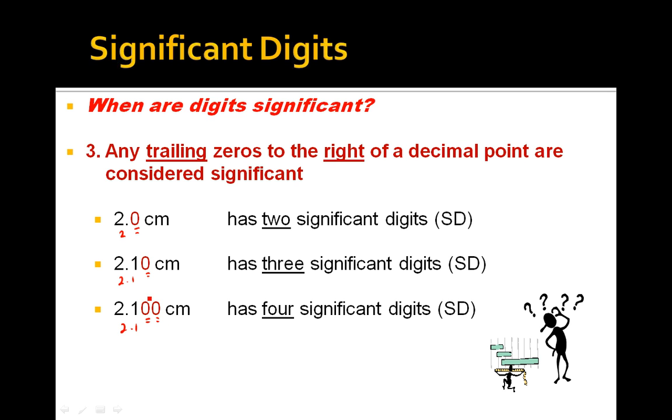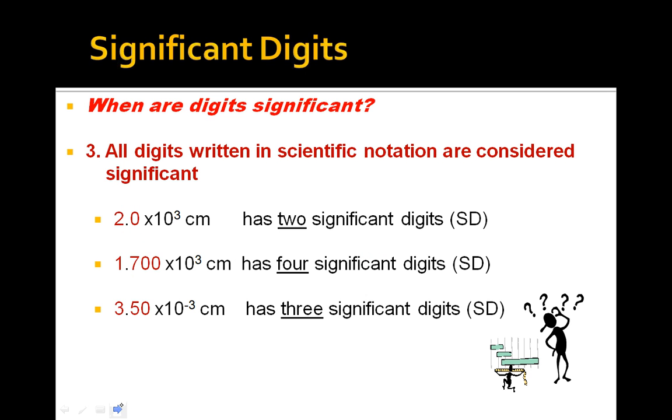So these trailing zeros are significant. Otherwise, why would I waste time writing them down? In this number here, I've got 2 significant digits. Here, 3 significant digits. Here I've got 4 significant digits. So just think of the zeros at the end after a decimal place. That's important to remember.